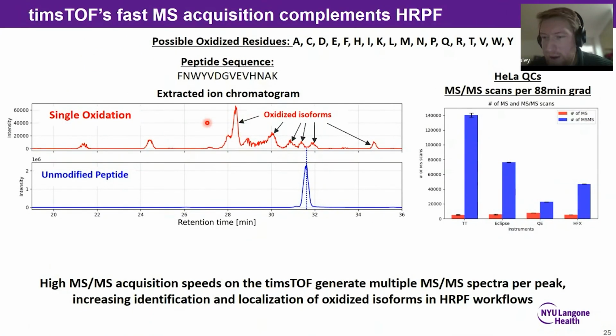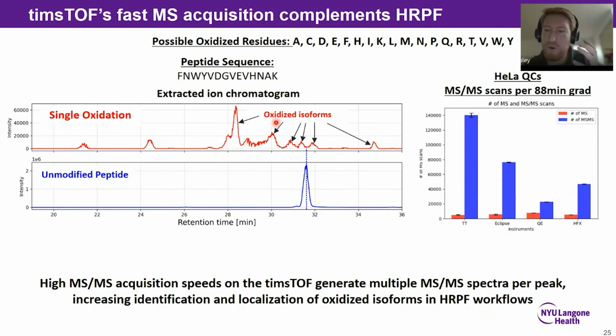All right, and why would we want to use ion mobility? In this case, ion mobility is not always the best thing for it, but what I really like about the timsTOF here is how fast we can acquire MS/MS spectra. Say you have this peptide here. You could have oxidation occur on many different residues, resulting in oxidized isoforms.